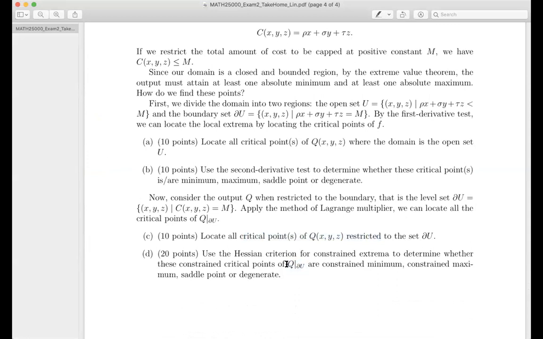This is the constrained critical point. And for part D, you basically use the Hessian criterion for constrained extrema, to test whether or not these are constrained min, constrained max, saddle point, or degenerate.